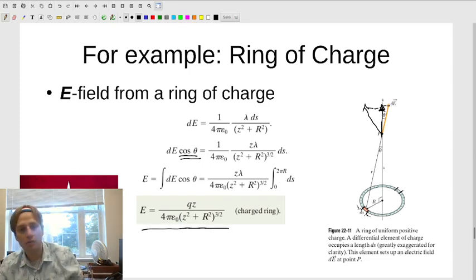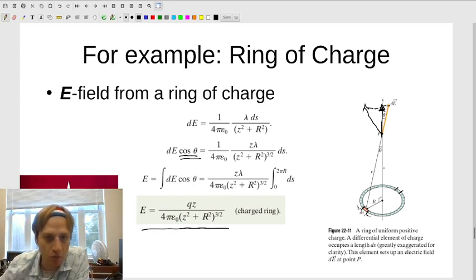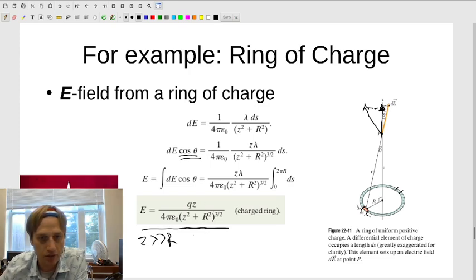And once we do that, we find our result. And what's interesting about this is that once z is way bigger than r, this just looks like a point charge. So if z is much bigger than r, my r can effectively go away.